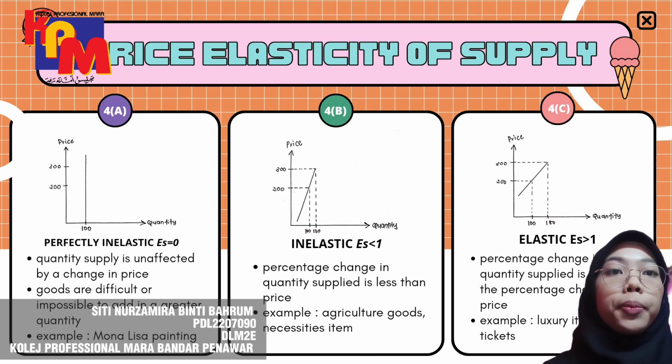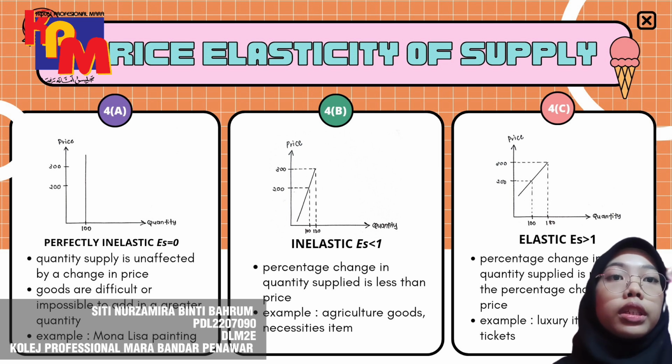For question 4b, it is described as inelastic, which is ES is lesser than 1. The percentage of change in quantity supply is lesser than price, where the curve is a steep sloping supply curve. For example, agricultural goods such as tomatoes and corn, and also necessity items that we need for our daily life, for example, clothes and food.